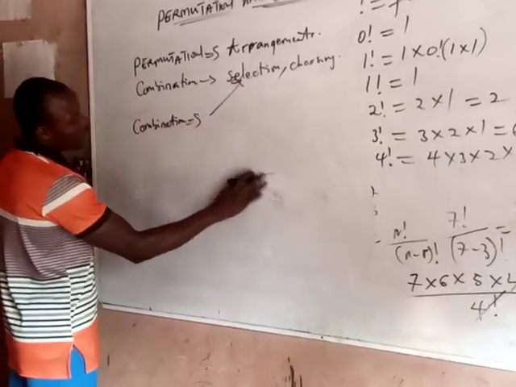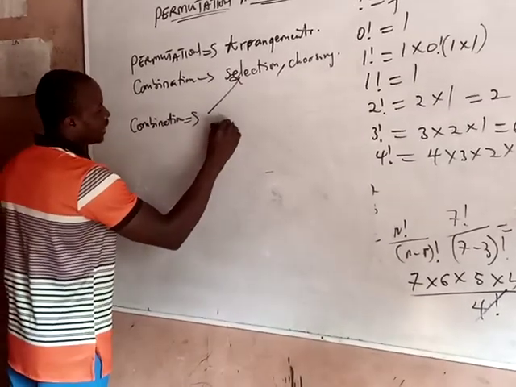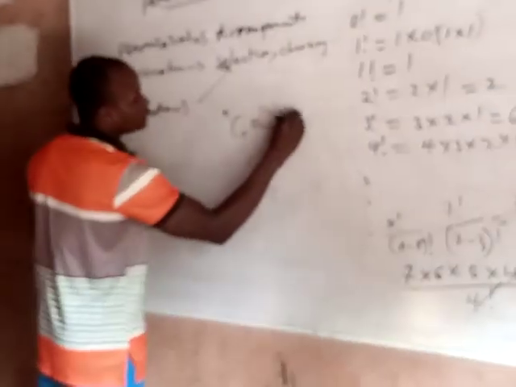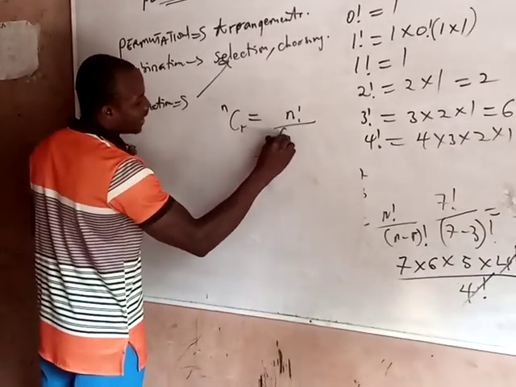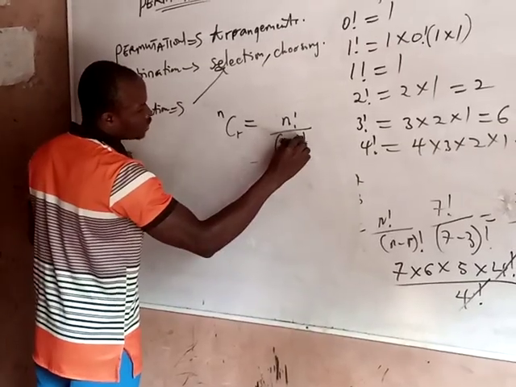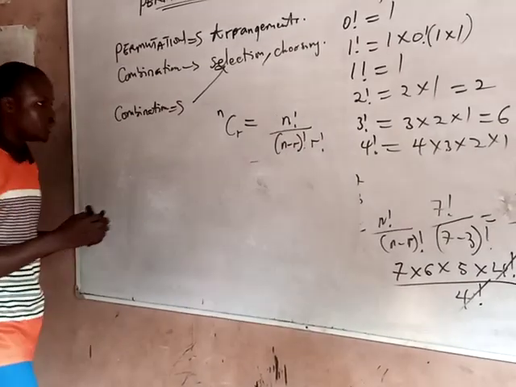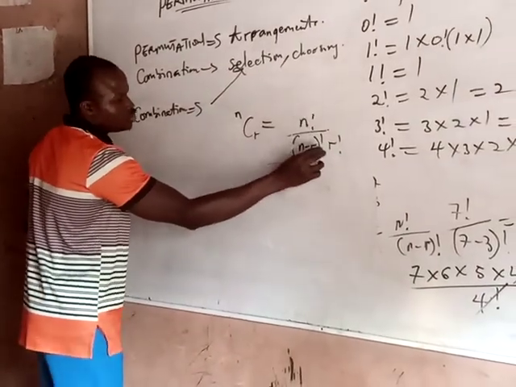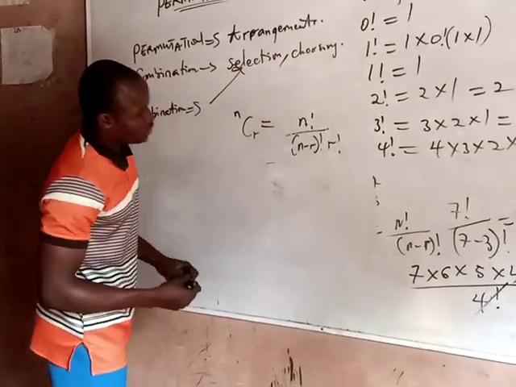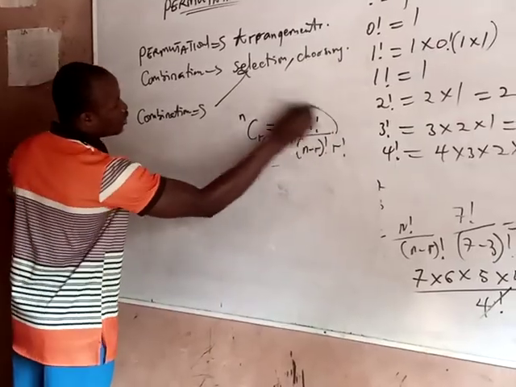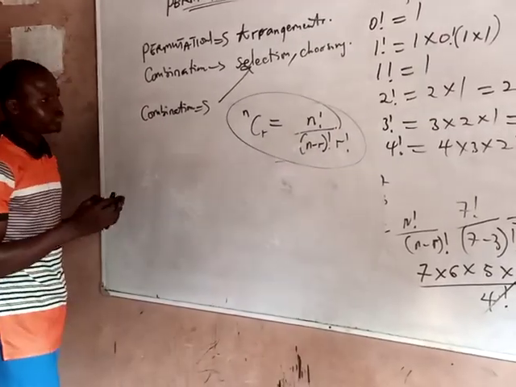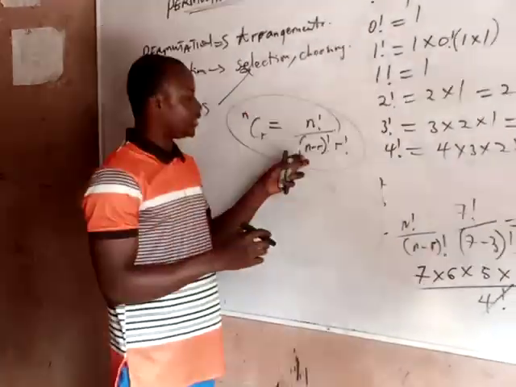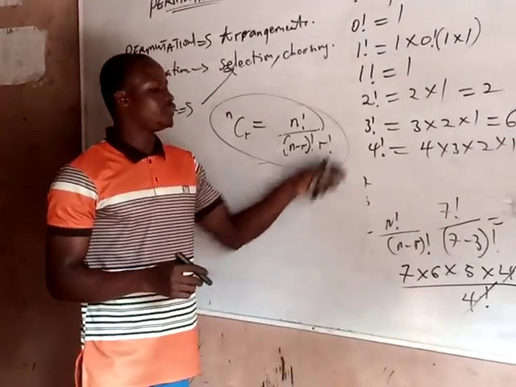The formula for combination is nCr equal to n factorial over (n minus r) factorial, then r factorial. You see, part of this is permutation, but you add r factorial to it. This is the formula for combination.